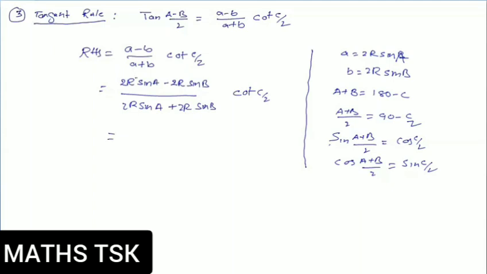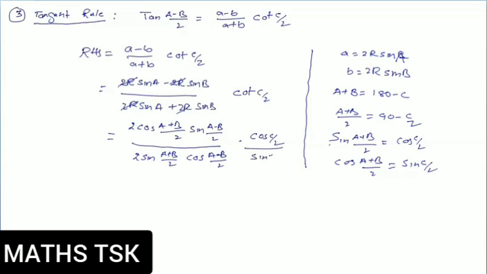If you take 2R common and cancel, sin A minus sin B formula, 2 cos (A plus B)/2 sin (A minus B)/2 by 2 sin (A plus B)/2 cos (A minus B)/2, into cos C/2 by sin C/2.